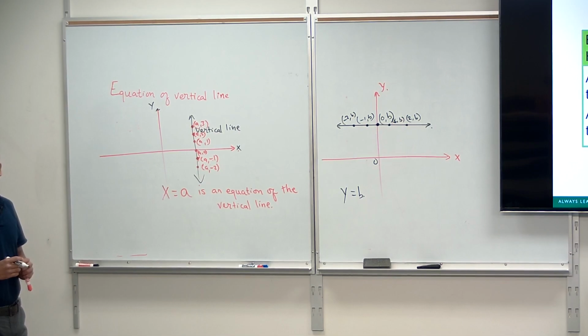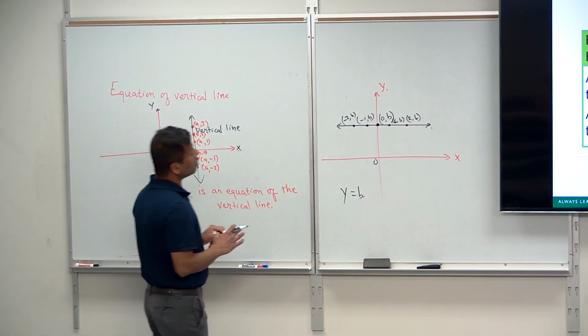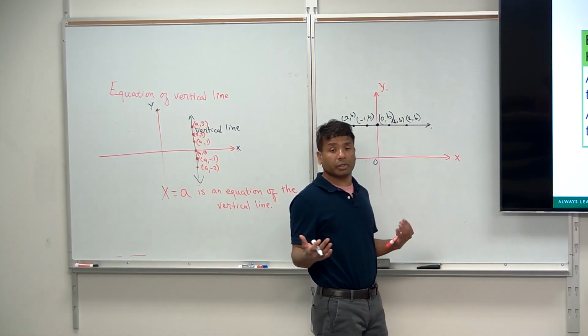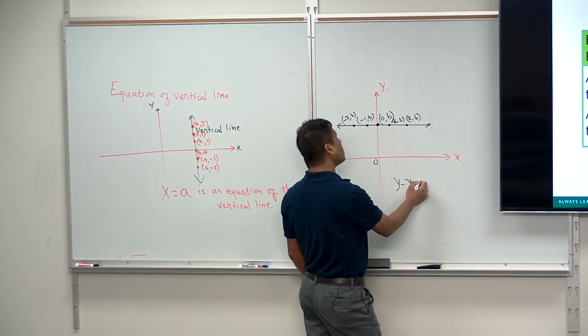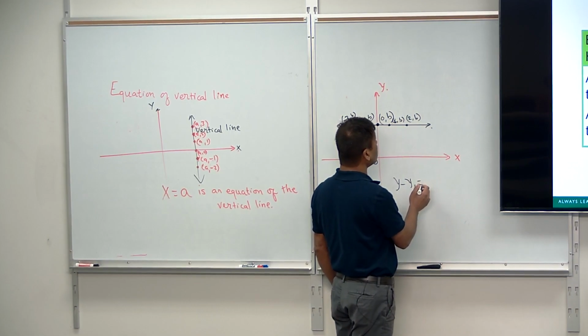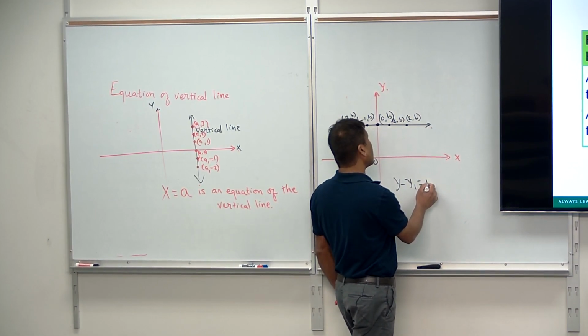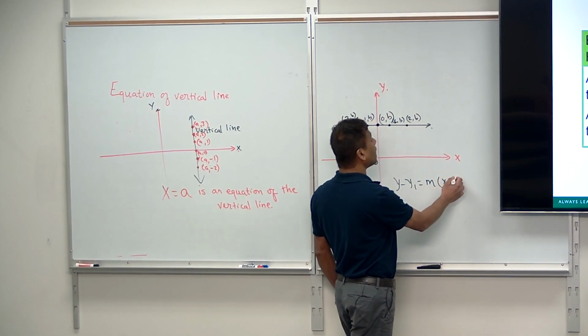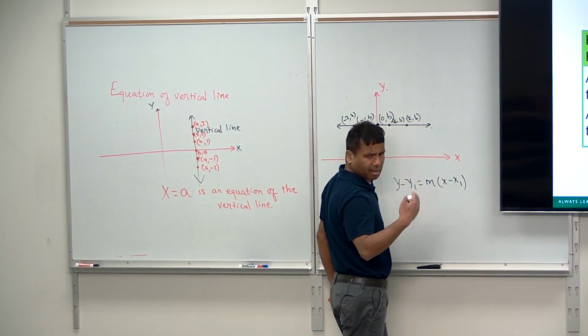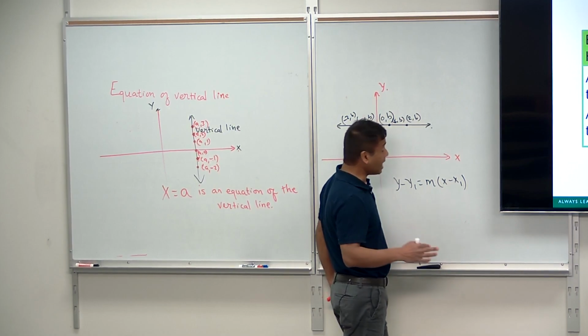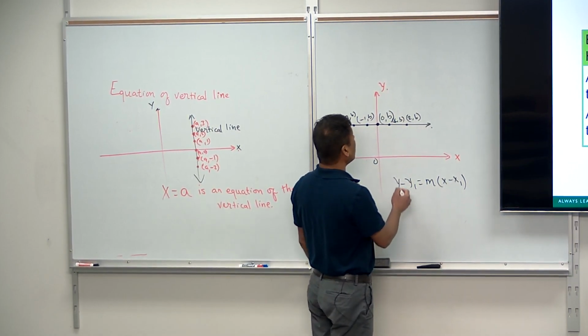That makes sense? Now you can think in another way also. You say, hey, the equation of a line in point-slope form is y minus y1 equal to what? m times (x minus x1). You see what I'm talking about? This is another way of finding the equation.